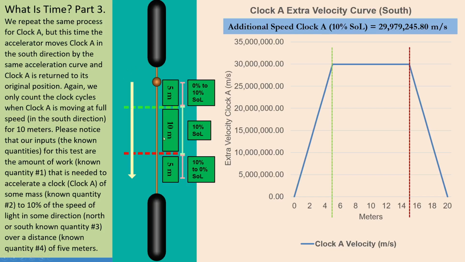And the idea behind the known quantities is that these are things that we can measure on the ship. We can measure the mass of the clock. That's a known quantity. We could have measured it back on Earth. We could measure it wherever we measured it, but it's a mass and that mass doesn't change. We can also measure the amount of energy. We know the amount of energy that it takes to accelerate a mass that we know over a certain distance to some velocity, 10% of the speed of light.